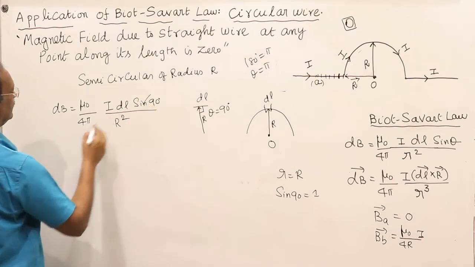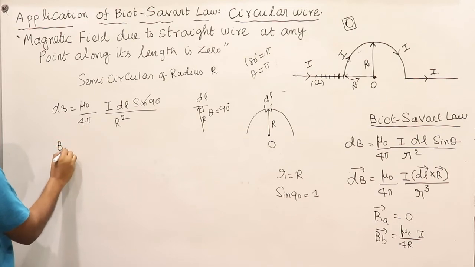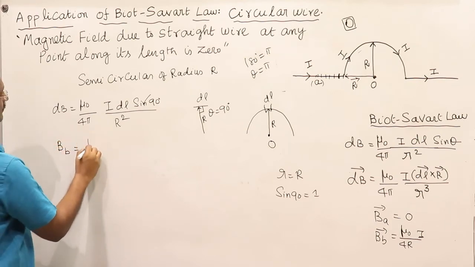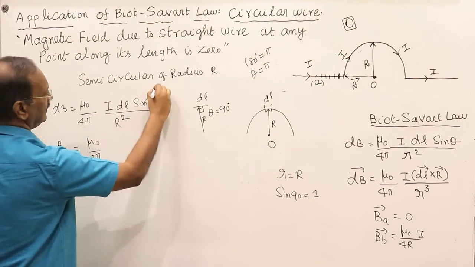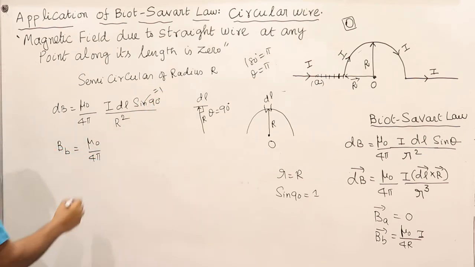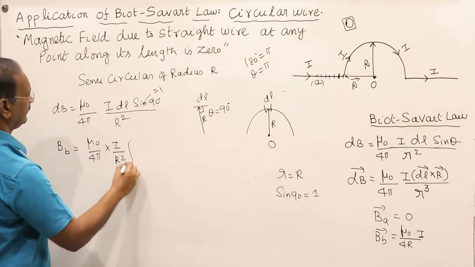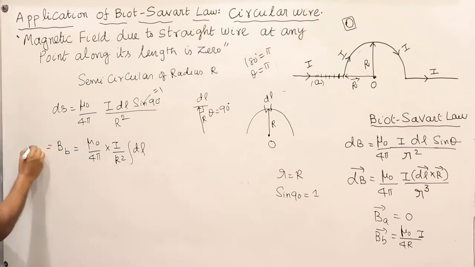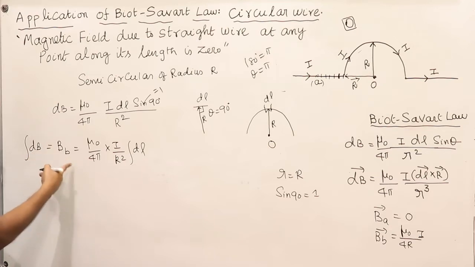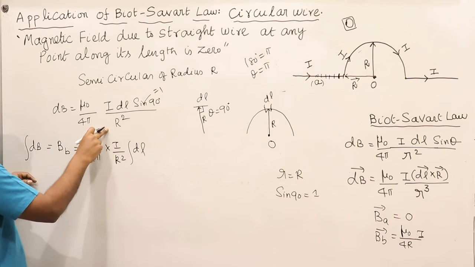So B due to portion B is equal to mu naught by 4 pi into I divided by r square into the integral of dl. Why do we write the integral? Because the integral of dB is equal to B. So once we integrate this side, we have to integrate this side also.